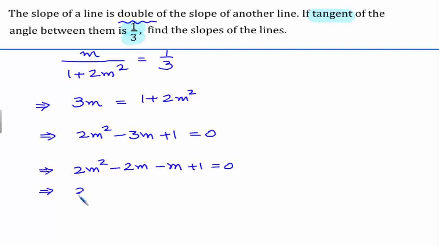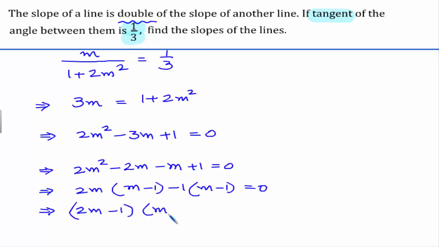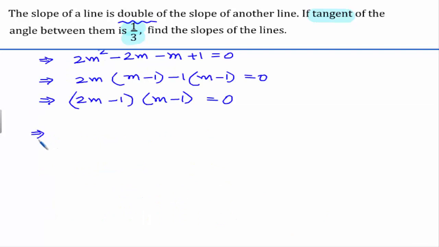So this is 2m(m - 1), and here -1 common, so we get (m - 1), and this will be (2m - 1)(m - 1). So here we get values for m as m is 1/2 and 1.